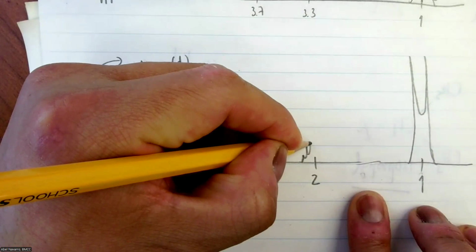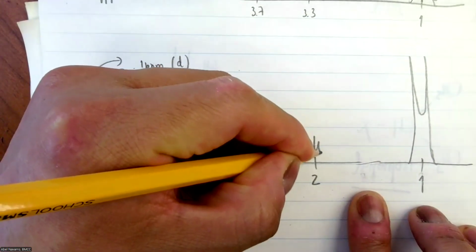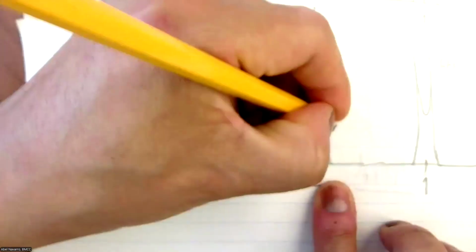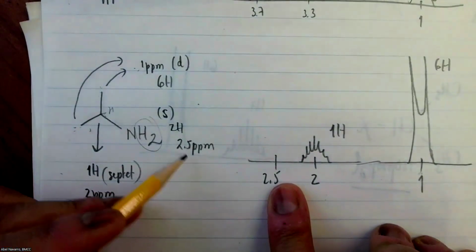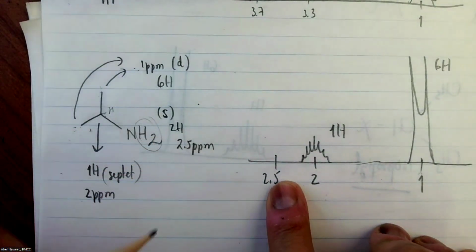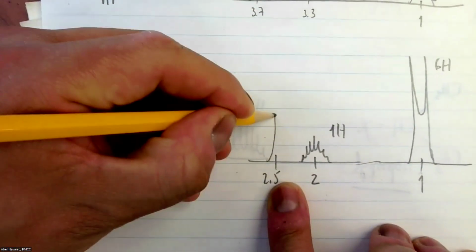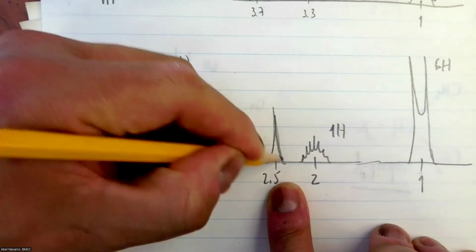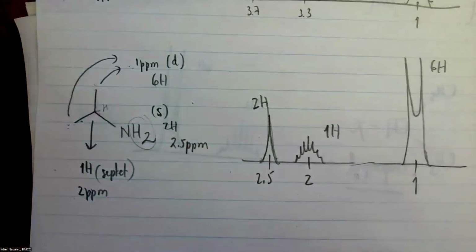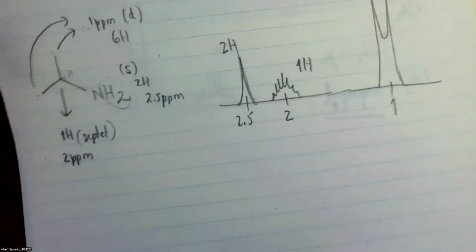And the one at 2.5 is a singlet, 2 H's. That will be the sketch, how to sketch this molecule.